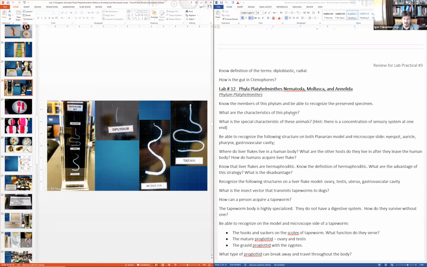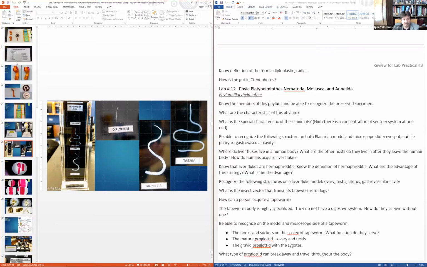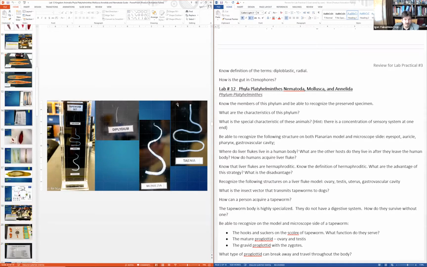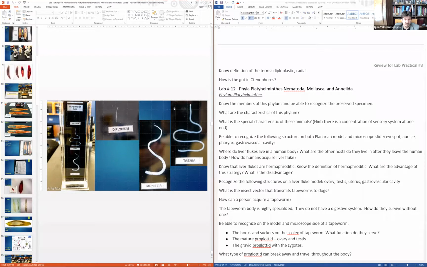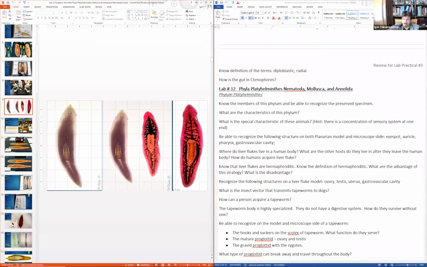What are the characteristics of the phylum? Flattened body, bilateral symmetry, triploblastic, no coelom, acoelomate. Special characteristics: sensory system. Compared to the Cnidarians, now they have a front end.